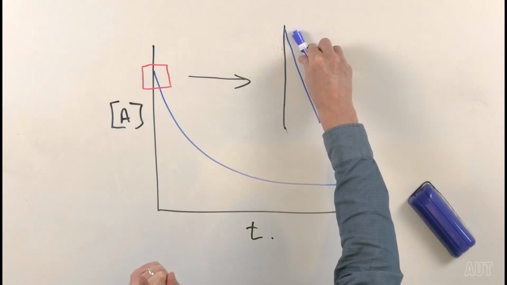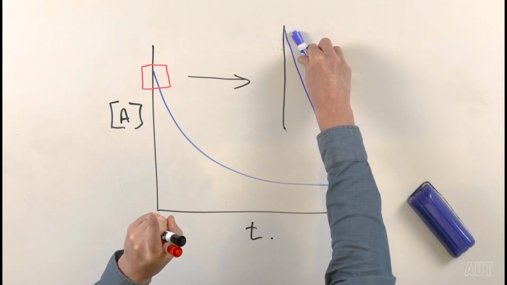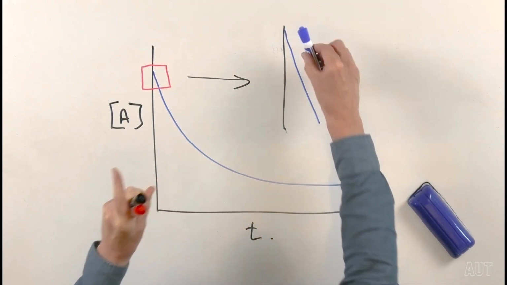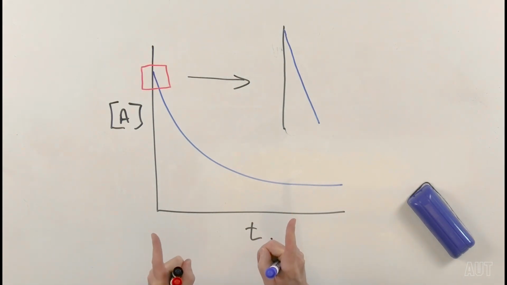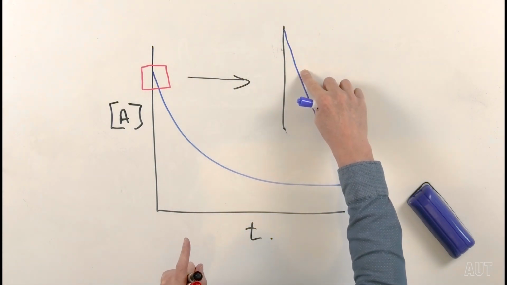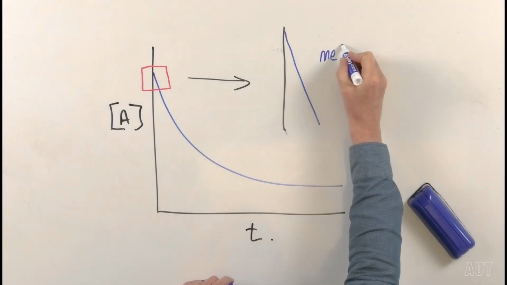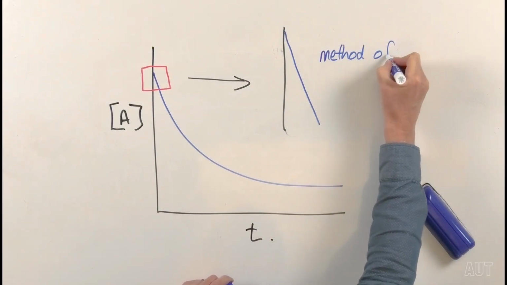And so therefore, that makes it easier for us to measure the rate of the reaction, because all that we need to do is to go to the very start of the reaction and measure how the concentration of A, in this case, decreases over a short period of time. We have to keep that period of time short, because if we make it too big, then the curve is no longer linear, or essentially linear. Okay? And this is called the method of initial rates.